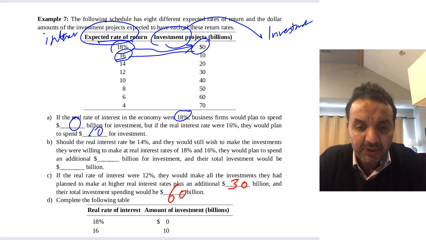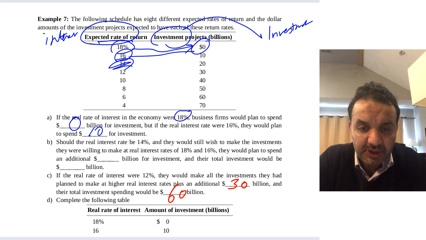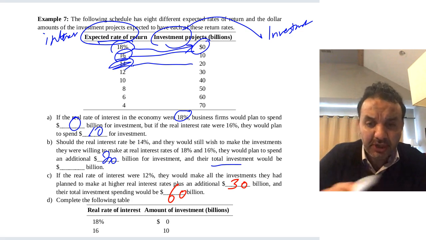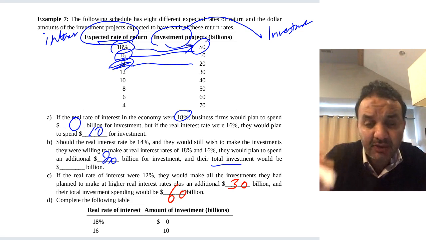Okay, number B. Should the real interest rate be 14%, they would still wish to make the investment that they were willing to make at real interest rates of 18 and 16. They would plan to spend an additional $20 billion, and their total investment would be, here's the trick, calculated by adding all the previous investment.